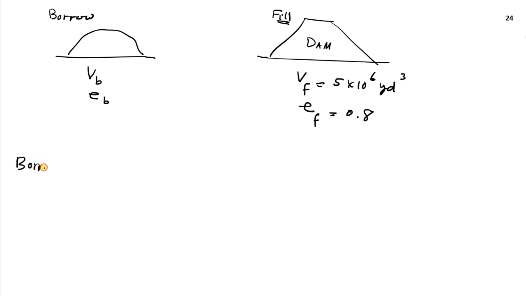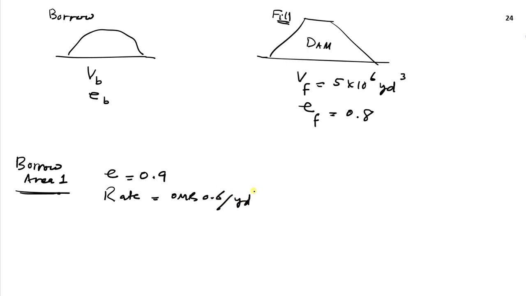Let's say borrow area 1 or A, whatever you want to say. So this first supplier has soil with the void ratio of 0.9, and the rate is going to be OMR 0.6 per cubic yard.